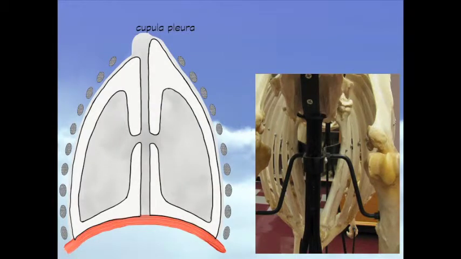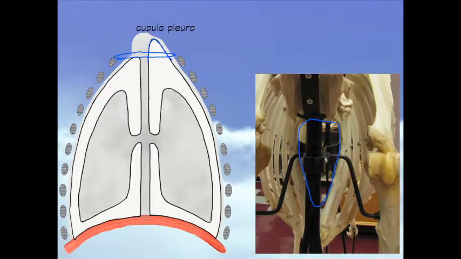Okay, we see on this image here our thoracic inlet, which is represented here. On the right side we have this little portion of the pleural space that goes beyond that first rib.